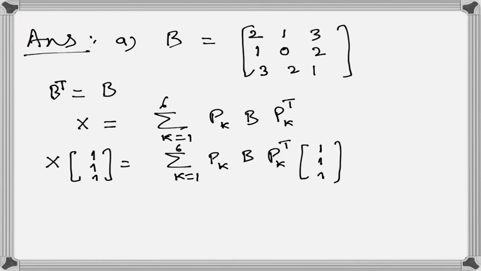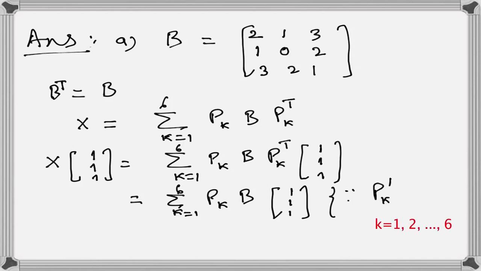What is PK transpose (1 1 1)? If you look at all of P1 transpose, P2 transpose up to P6 transpose, in each row there is exactly one 1 and two zeros. So PK transpose (1 1 1) is nothing but (1 1 1), and we get the sum of PK B (1 1 1).